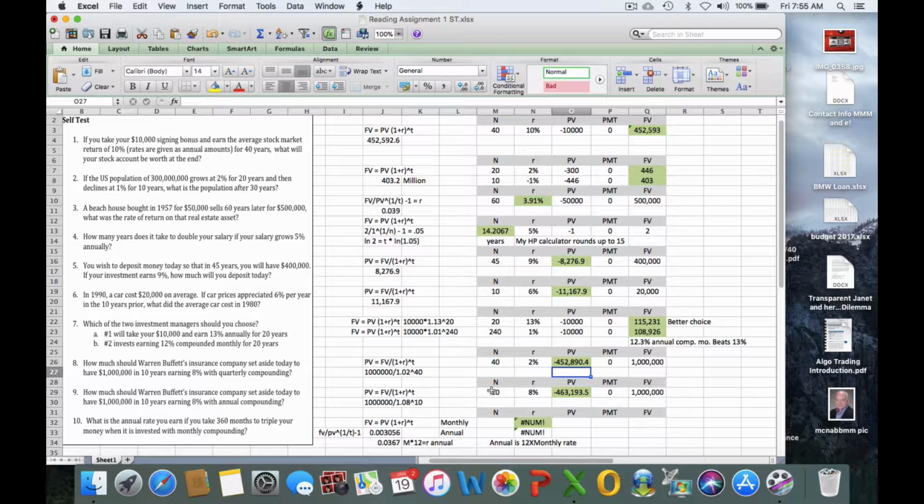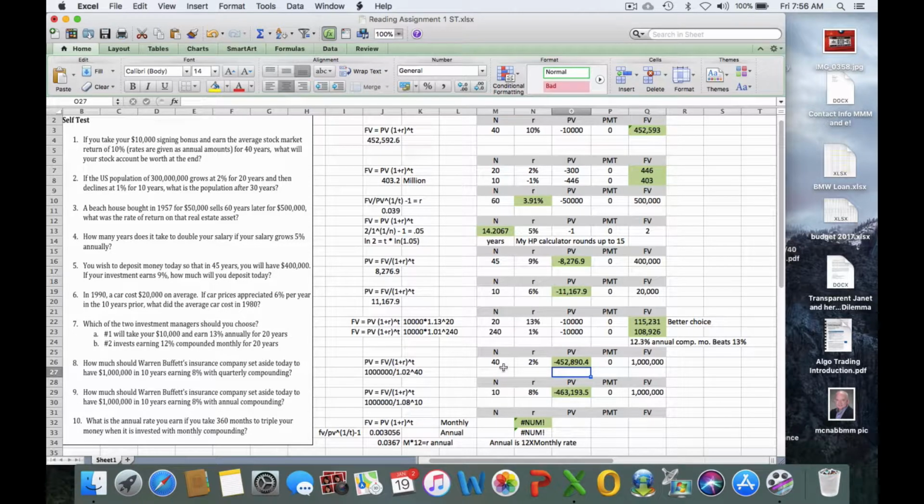The other way to do it is to switch your calculator back and forth between number of payments per year as being 12 if it's monthly and 4 if it's quarterly. But if you just leave it set 1-to-1 correspondence, which was the problem here, you'll sometimes forget to change it back.